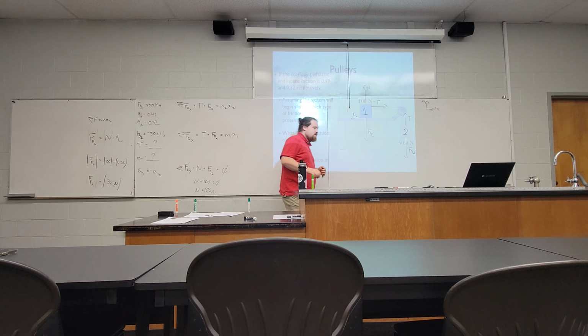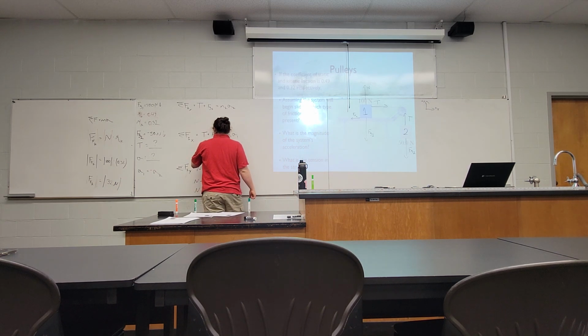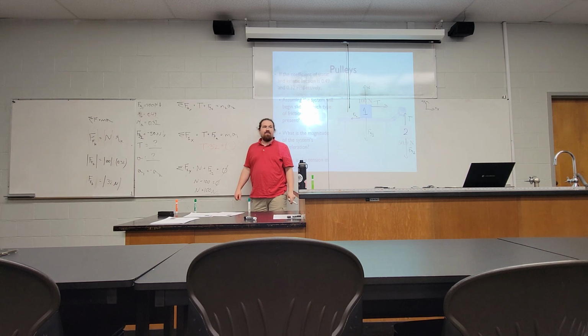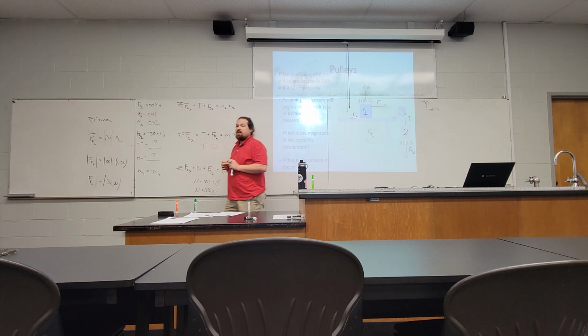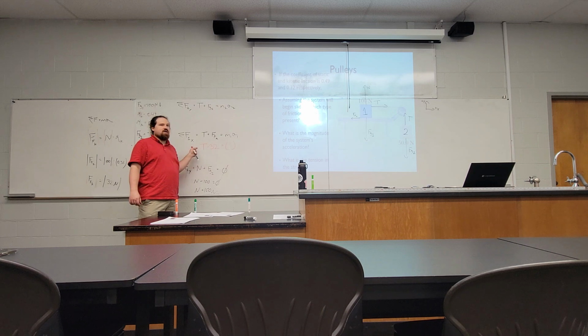And as a result, if we keep T positive, our friction value would need to be negative to oppose it. So I'm going to plug in negative 32 for friction. Again, just to oppose the direction of tension. You could decide that left is positive, in which case you would need to switch these two signs.